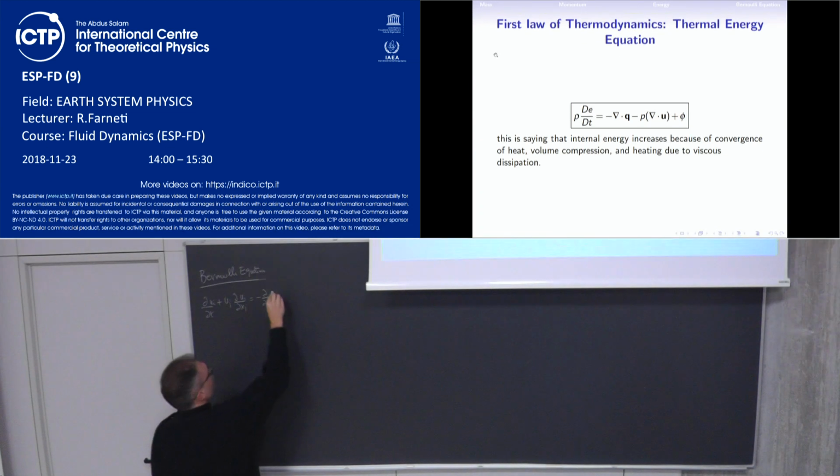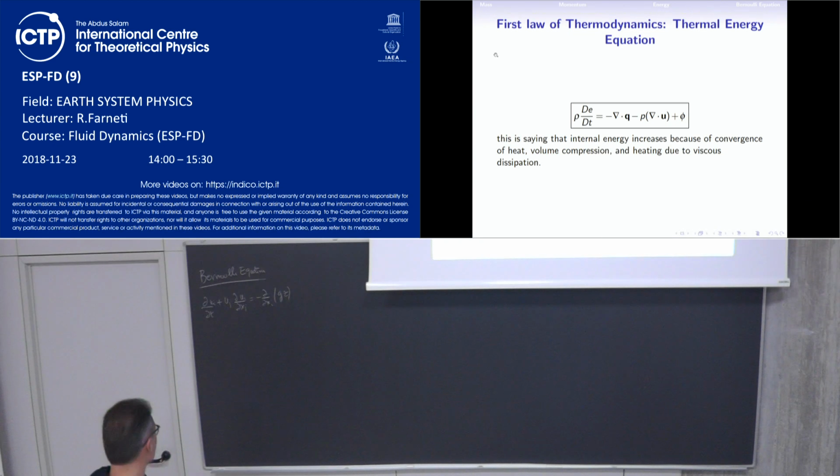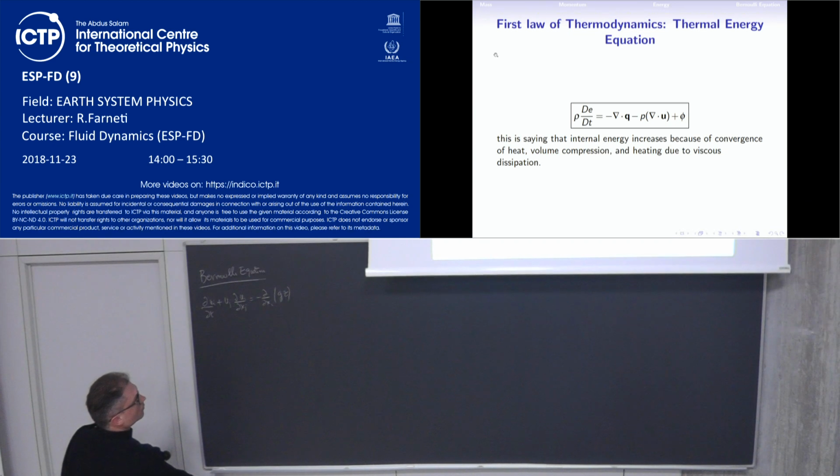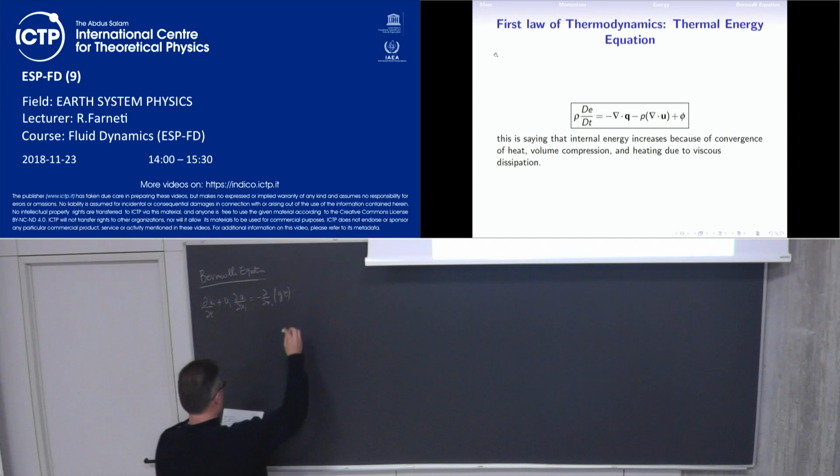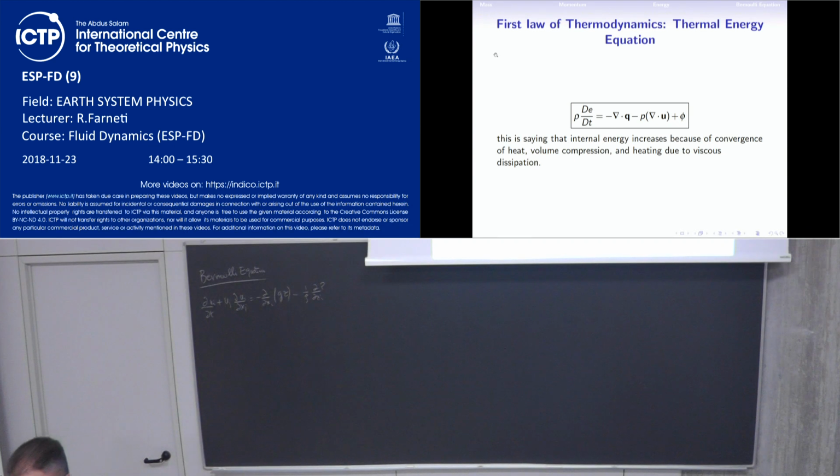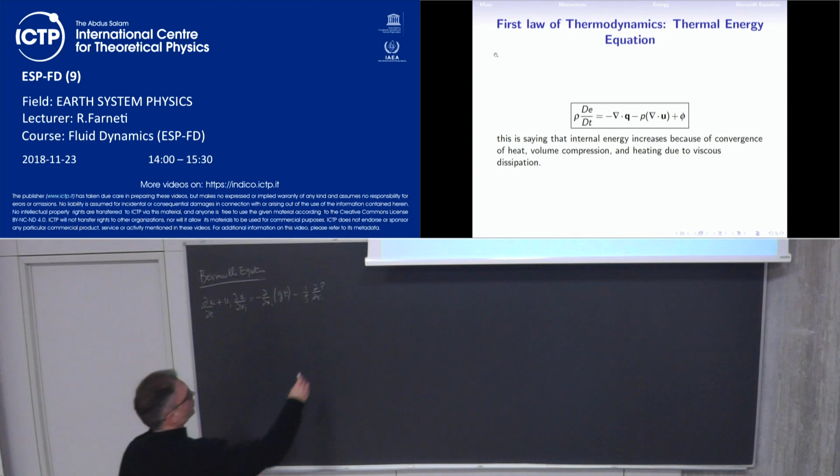Okay, this is the Euler equation with my pressure gradient and my body force expressed as the gradient of a potential. So this is just my Euler equation.